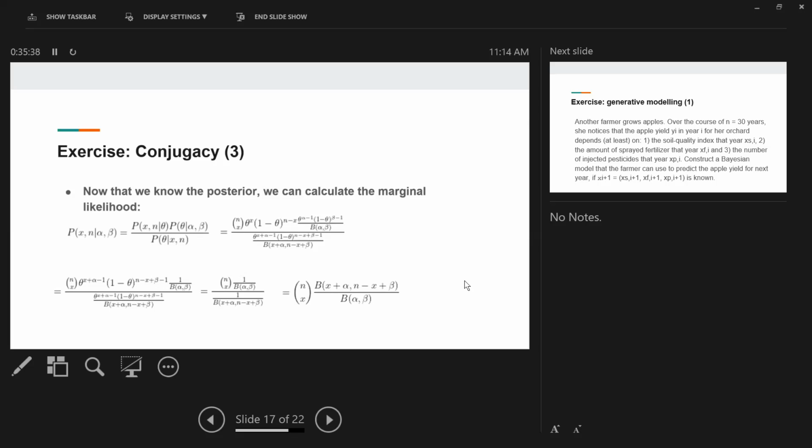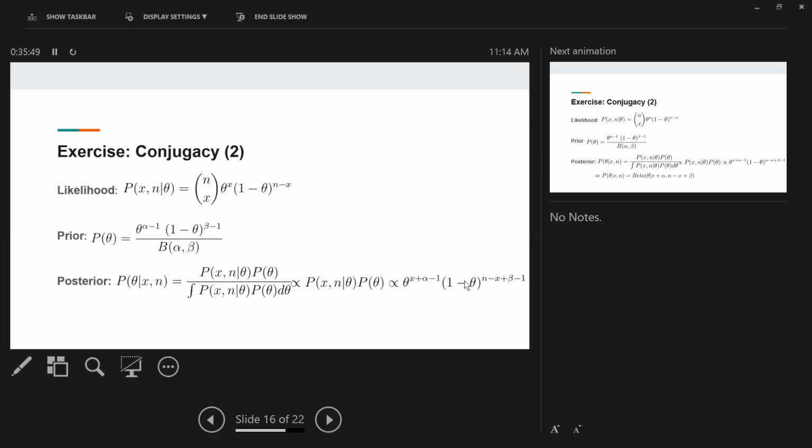So it's proportional to the likelihood times prior. The whole posterior is this part. This is the full posterior, but we can say it's also proportional to this. The shape is the same. The influence stays the same, but on a different level without this integral, but it's still similar.